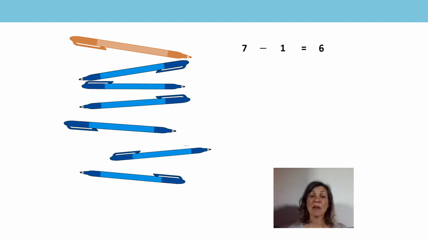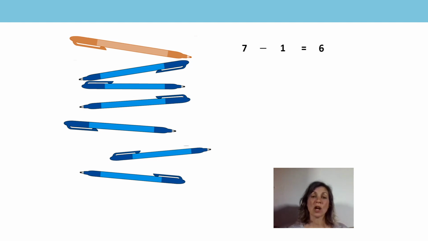That's right, the 7 represents the 7 pens that we have all together. And what does the 1 represent? Yes, the 1 represents the 1 orange pen. And what does the 6 represent? That's right, the 6 represents the 6 blue pens.